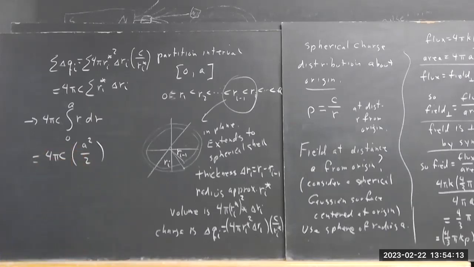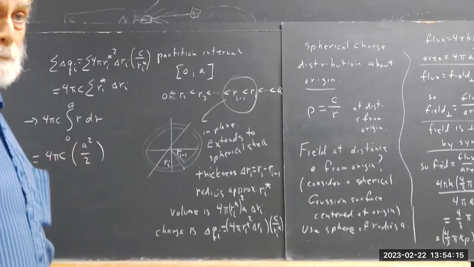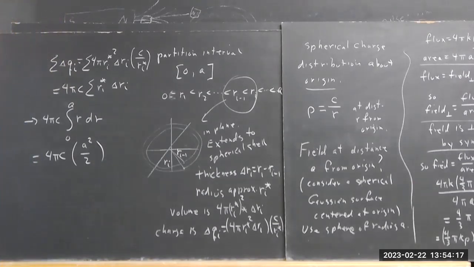It's going to be something like that. Okay, do it carefully, and it should work out. I don't like the way I've used it. I don't want to take the time to write it out.